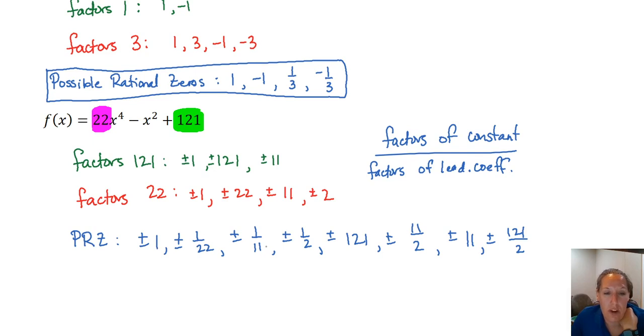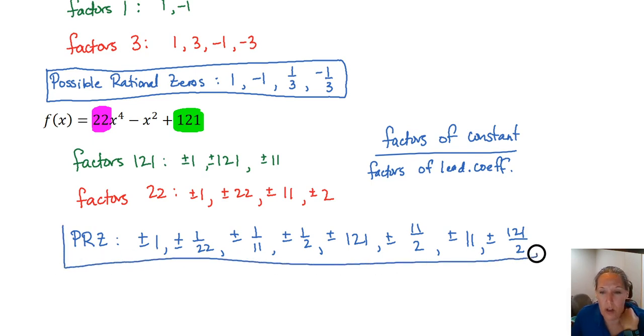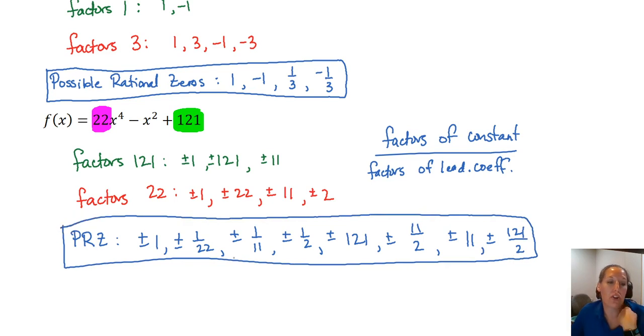So 1, 2, 3, 4, 5, 6, 7, 8, 9, 10, 11, 12, 13, 14, 15, 16 possibilities. So this one's got a little bit more. I would definitely start with the plus or minus 1 first. That typically is going to work most often. All right. I'll see you guys next time.